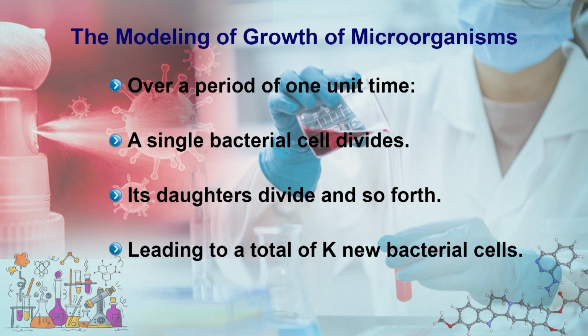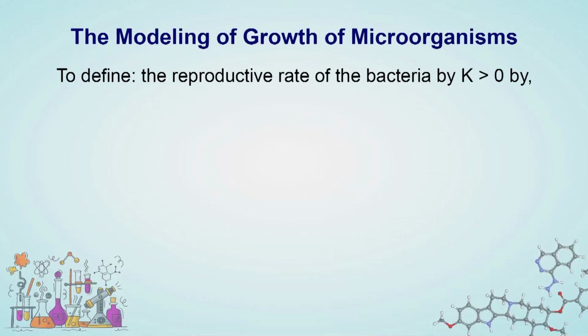How do we measure the growth rate of the population of bacteria? Simply, it is defined by the Taylor series or an approximation form. Very simply, we denote the reproductive rate of the bacteria by k, which is always greater than 0.